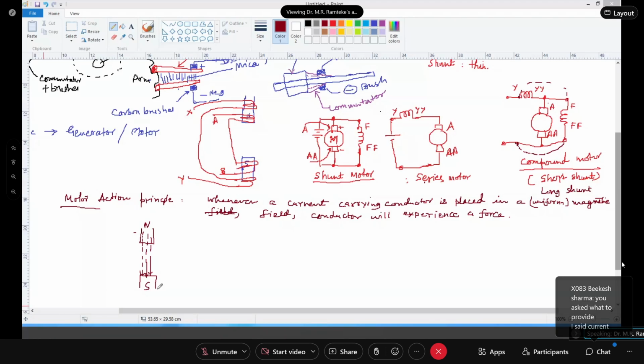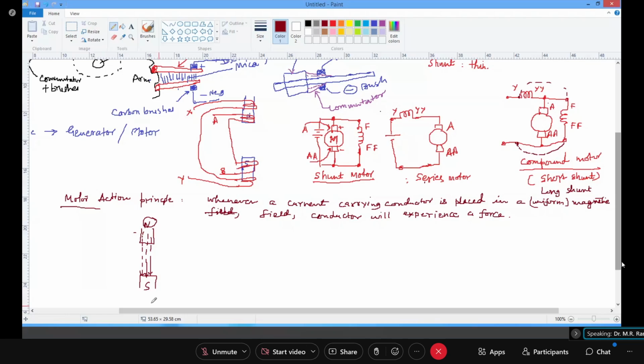Clear? So you see here, this is my north pole and this is the south pole, and these are my flux or field, you can call it. In this, I'll be putting a conductor.